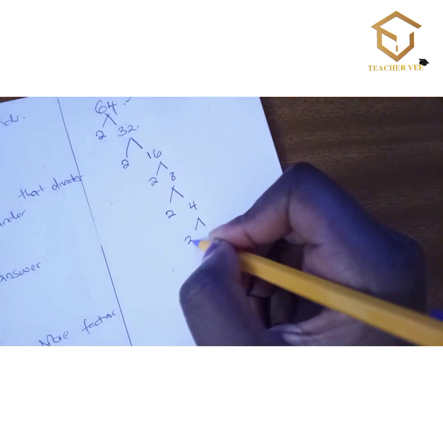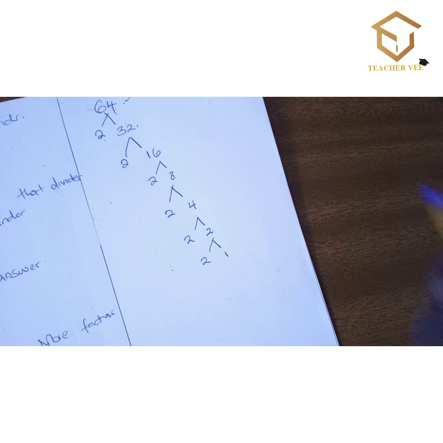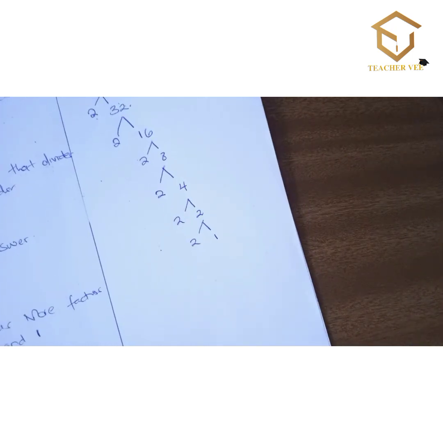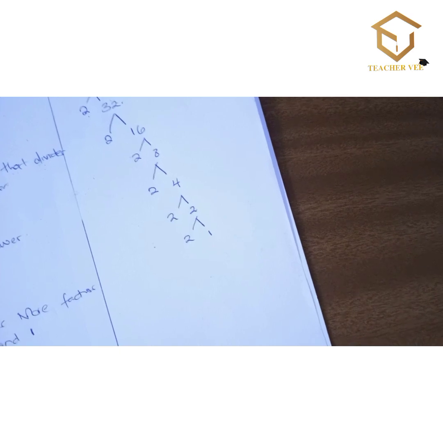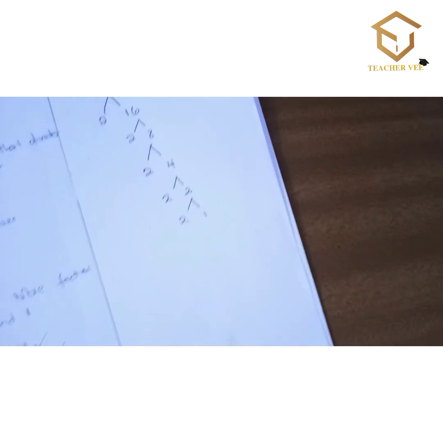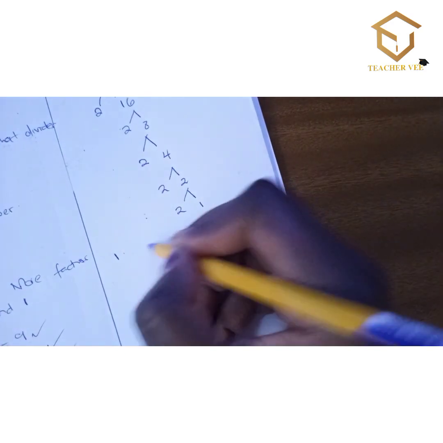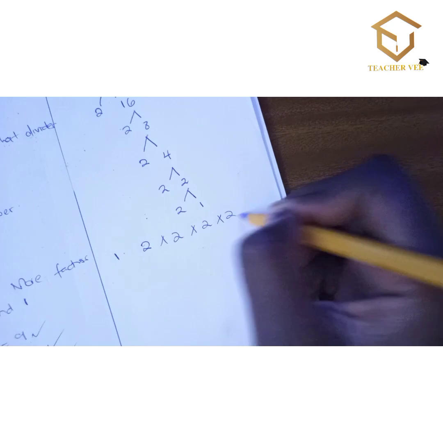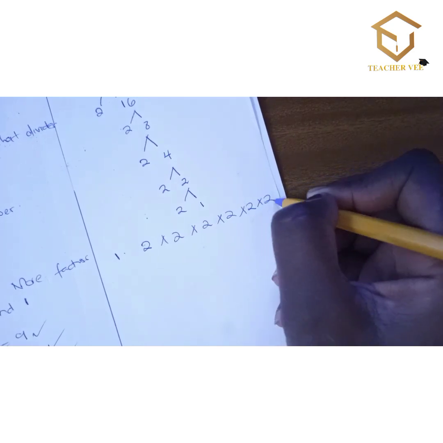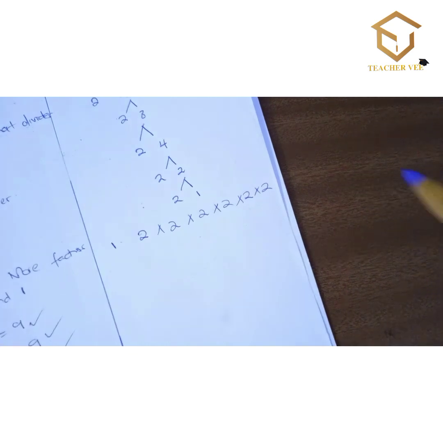You divide by 2, you get 2. Then you divide by 2, you get 1. So my answer is a product. Product is another name for multiplication. So leaving it in product form, first you write 2 multiplied by 2 multiplied by 2 multiplied by 2 by 2 by 2. They are 2 six times.